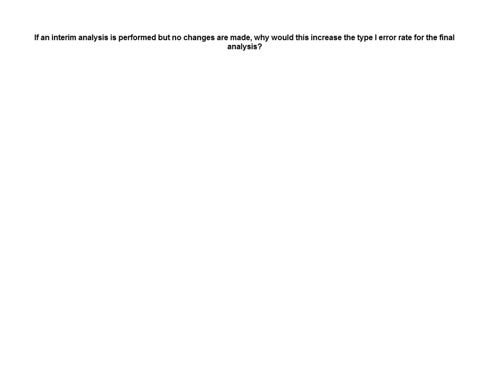Because every time you look at the data, basically when you do an interim analysis, you're looking at the data. You don't have all the full information available, and then you're going to look again.